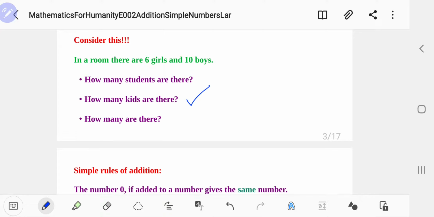And the third question is, how many are there? That is not, again, the right question for that. Because there are 6 girls, 10 boys, but the room could also contain their parents, or the doctor, or if they're in a game room, the staff of the game room. So the correct question for that problem is, how many kids are there?